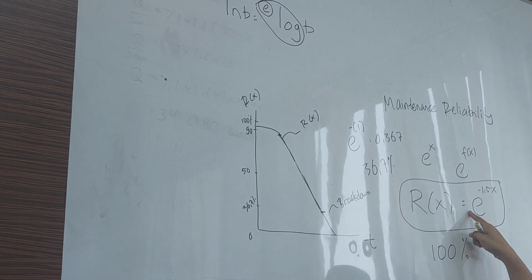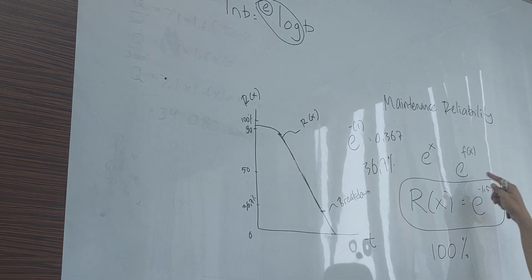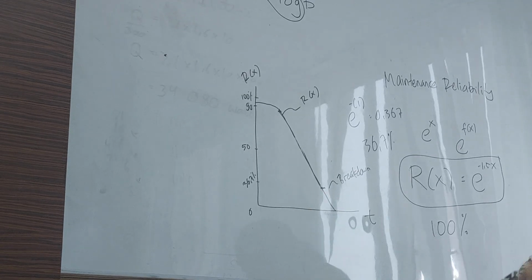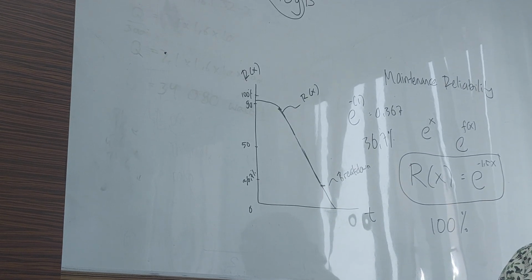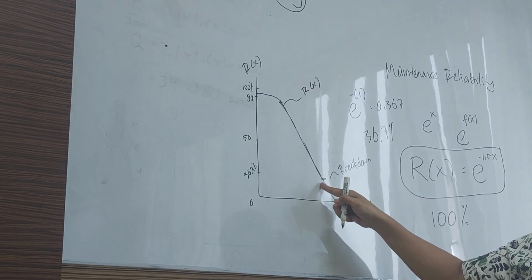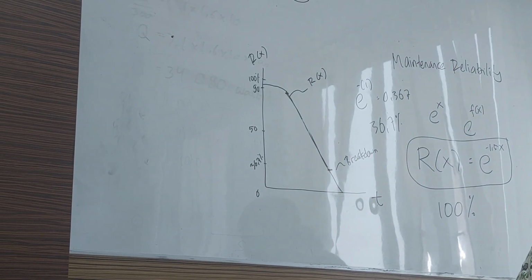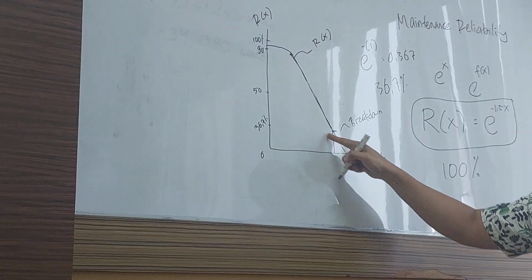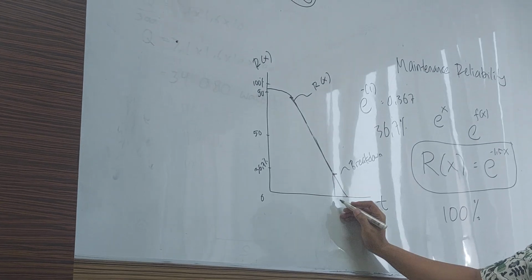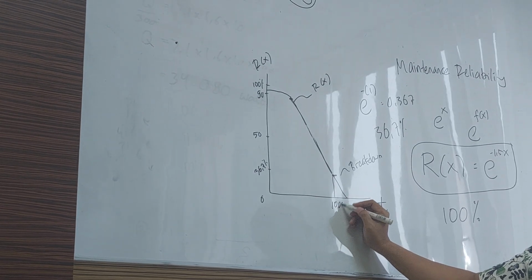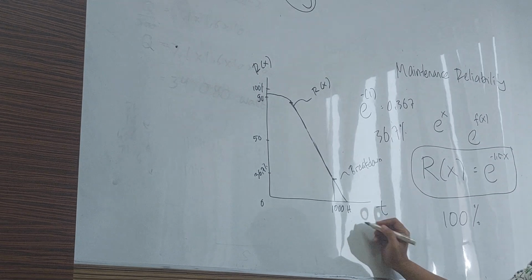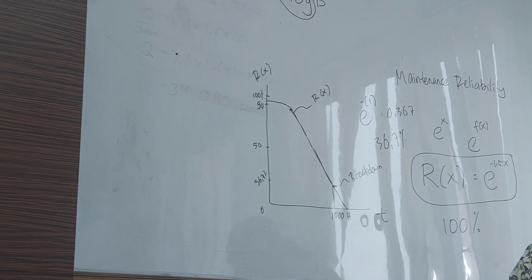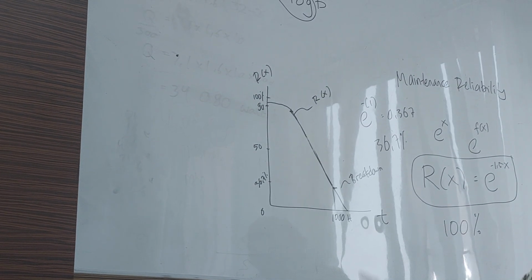So if you know the basic function of the decreased performance of the equipment, you can predict when you have to repair the equipment. You know that the equipment will fail at 36.7%. For example, if this is 1000 hours, before 1000 hours you have to give good maintenance for this equipment.